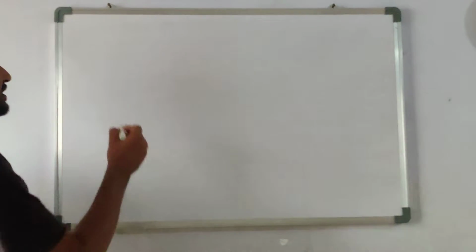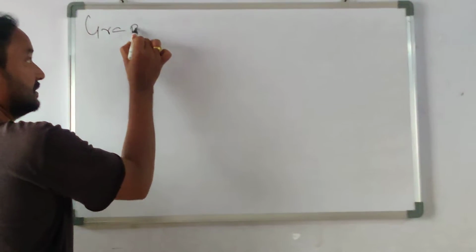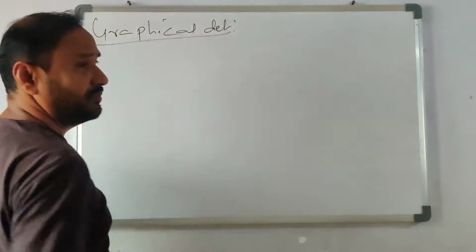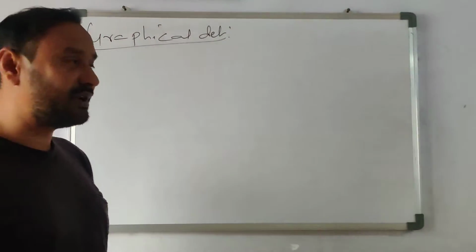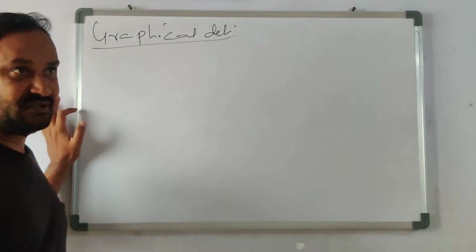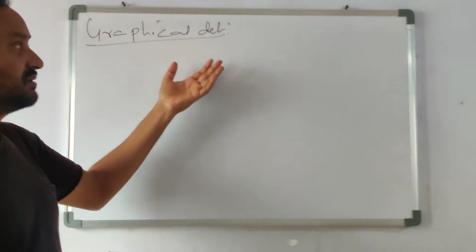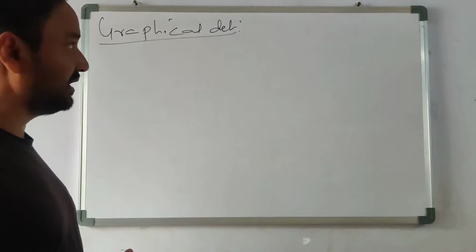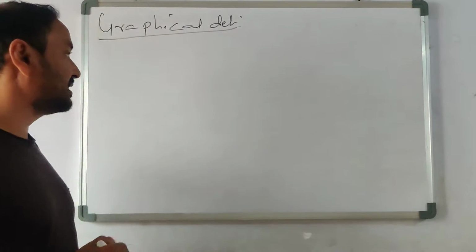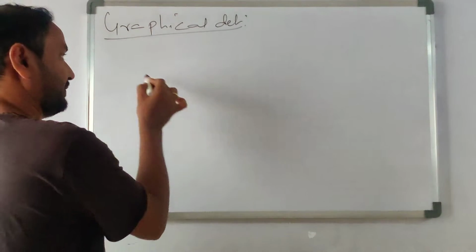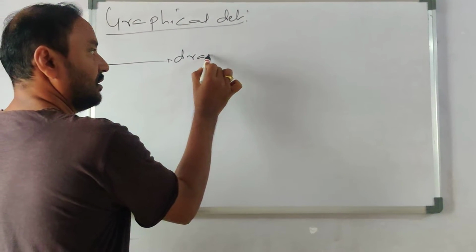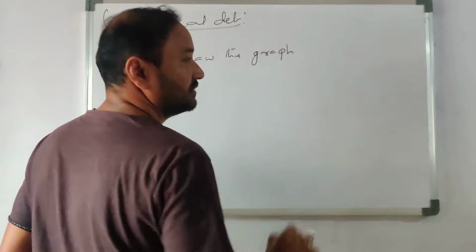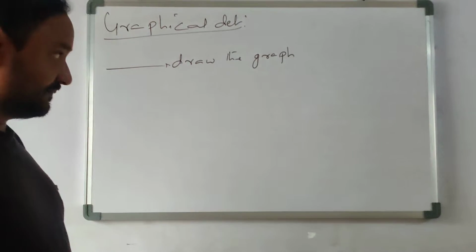Now the graphical definition of the one-one function. It is very important, because in problems we will observe graphs only. By the graphs we can say whether it is one-one or not. So after drawing the graph of the given function, observe this very important concept.